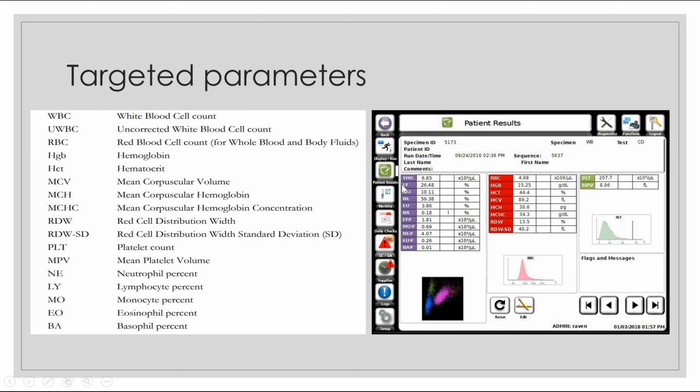And then we have the differential parts from the WBCs, also known as the neutrophil, lymphocyte, monocyte, eosinophil percent, and basophil. As engineers, we need to understand that these parameters are important to the doctor so they can distinguish the situation and how they should treat the patient themselves.